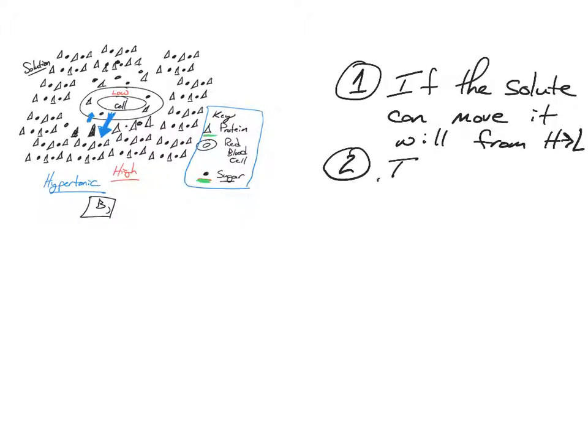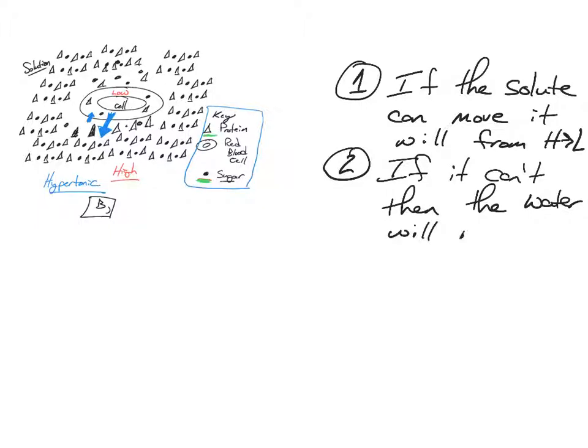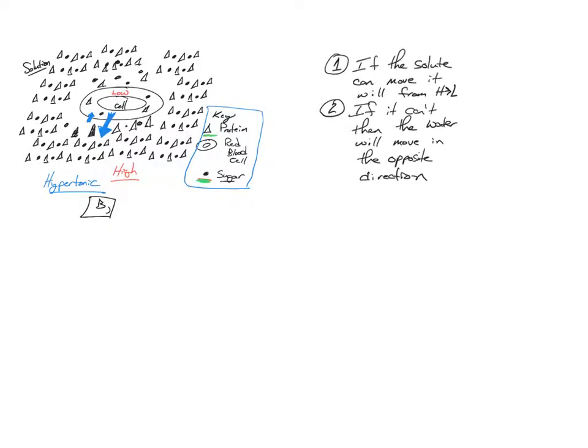Two, if it can't, then the water will move in the opposite direction. All right? So if this was going to go from high to low, it would. But it can't. So water's going to move from the opposite direction. Right? All right. So that's really the rules for diffusion.